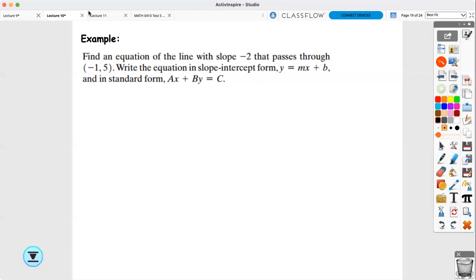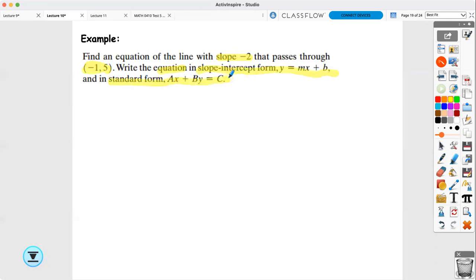All right. So let's look at what the question is saying again, all right? Find an equation of the line. So we're going to find an equation again, right? But now they give us parameters. They tell us slope is -2, and it passes through -1, 5, which is a point. The final equation they want is in slope intercept form, and in standard form. Interesting.